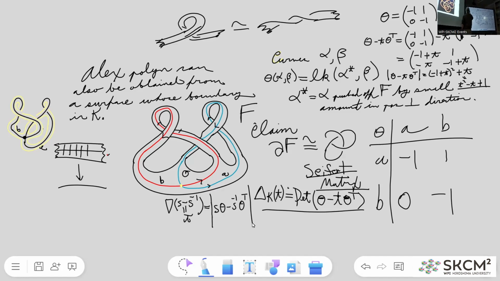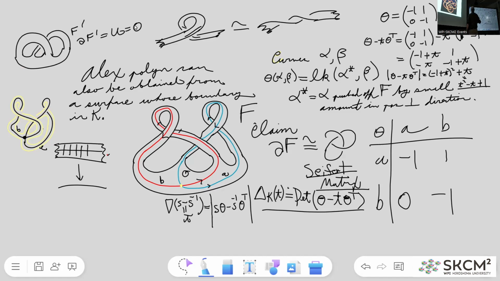Well, what would a trivial Alexander polynomial look like? You could draw a trivial knot. Here's a trivial knot. The boundary of that is the unknot. Do that and do that, pull it apart. It's an unknot, right?